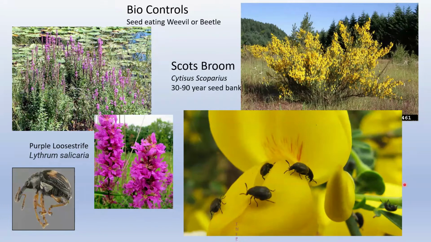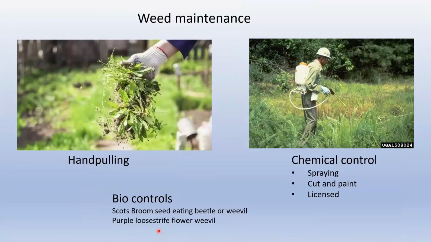But it is an option. You can get these insects through the Washington State University extension. They have a biocontrol manager there, and that's where I've received them before as well. So for these 2 invasive plants, there's an option for a biocontrol. You can also do mechanical control, pull them out.